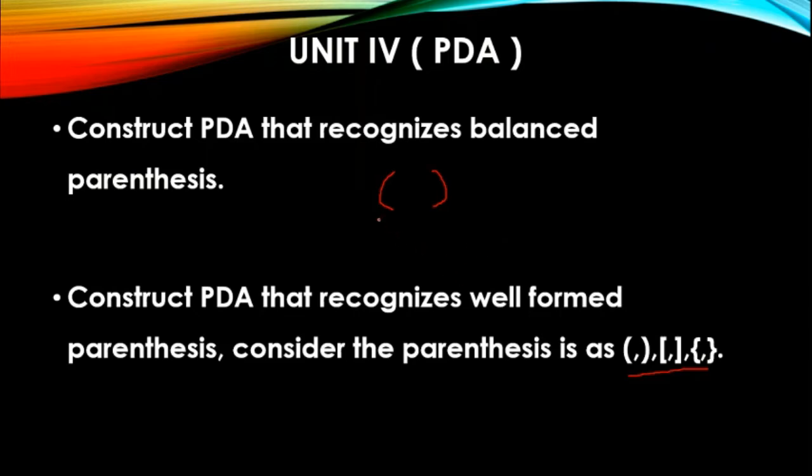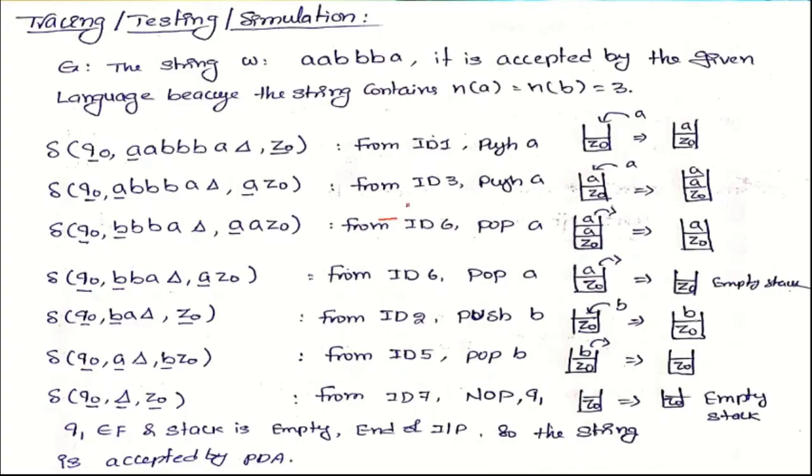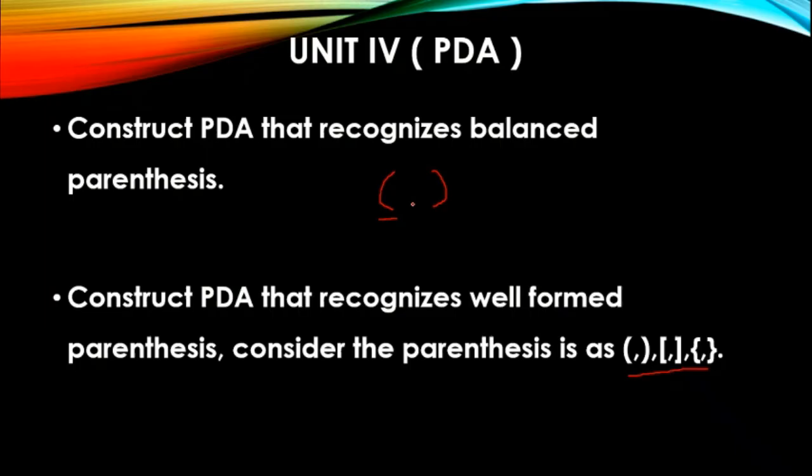That means when we read an open parenthesis we perform the push operation, and when we read a closed parenthesis we perform the pop operation. In the same way, when we read an open parenthesis of this model we perform the push operation. When we read a closed parenthesis and the top of the stack is the same model, only then we perform the pop operation.